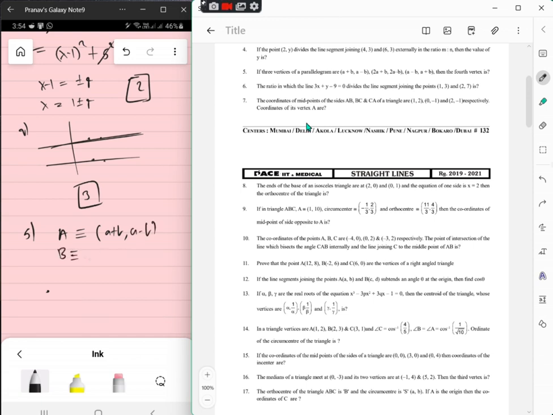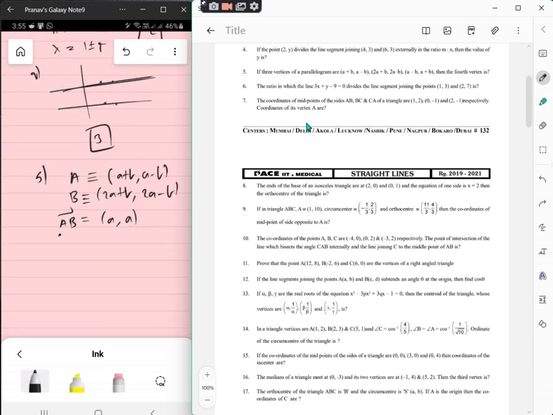The second point is 2a plus b, comma 2a minus b. Then the vector going from A to B, which will be AB vector, will be a, comma a. Wait, okay, that is weird, but that's how it is.